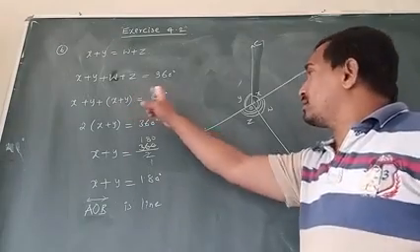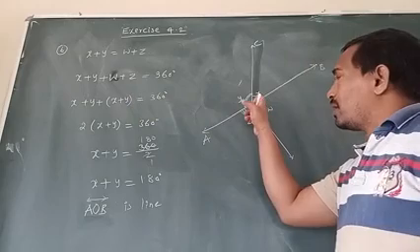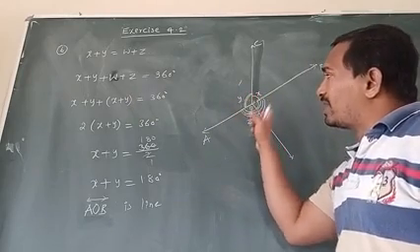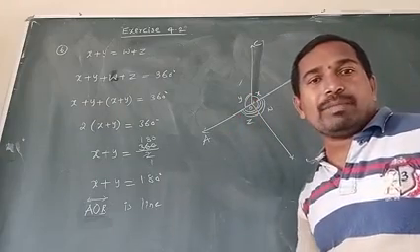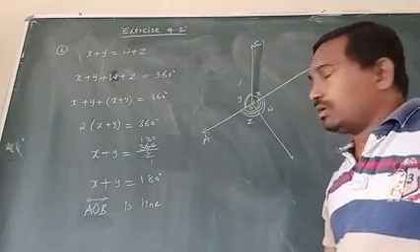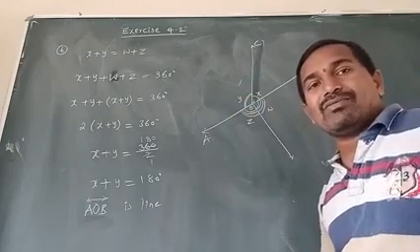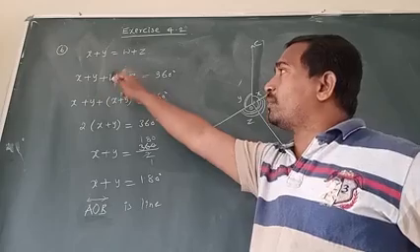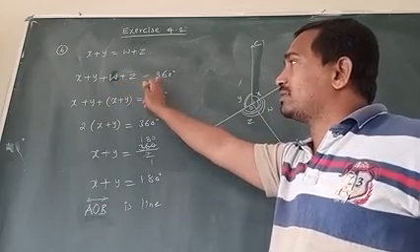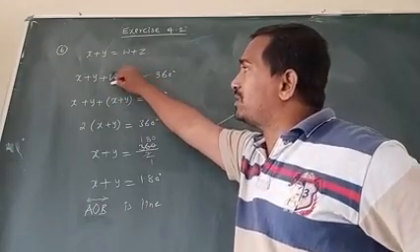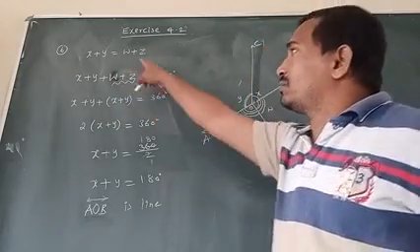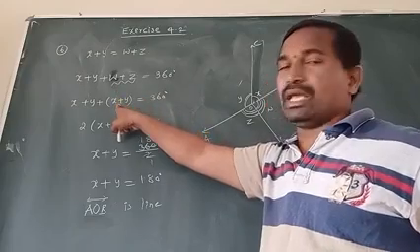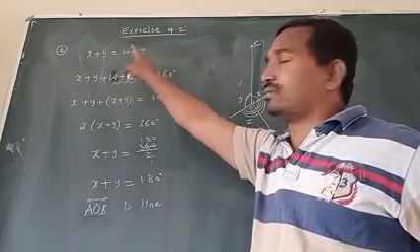Here, if you add these four angles, that becomes one complete rotation. So the sum of these four angles is 360 degrees. x plus y plus w plus z equals 360. But what is w plus z? It is x plus y, so write w plus z equals x plus y from 1.